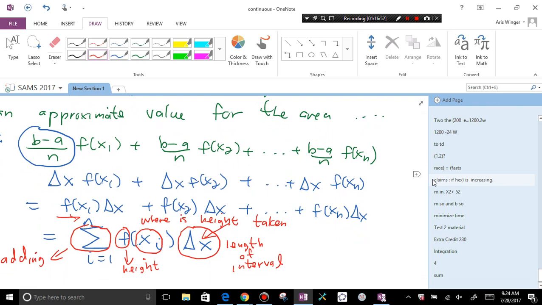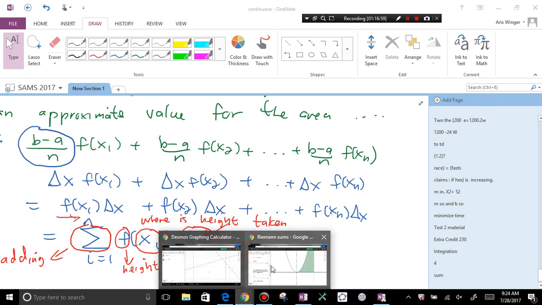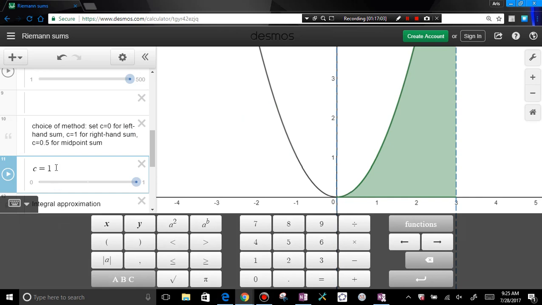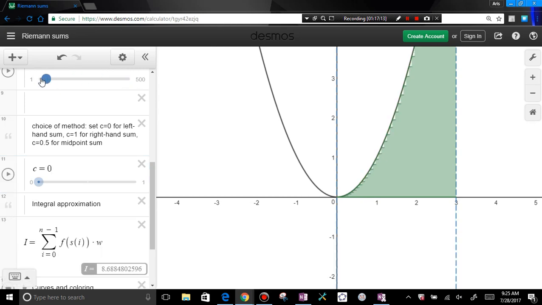We can look at that picture. The way this is programmed, 0 is the left endpoint method. If I put 0, that's the left endpoint method, yes? Now when we take more values, look at the number at the bottom.